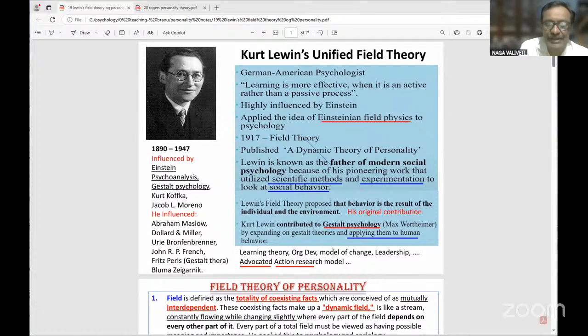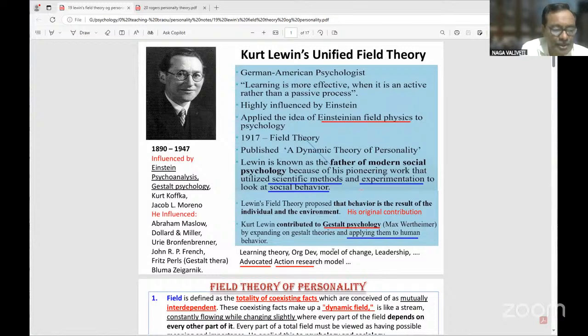His contribution influenced other psychologists, including Abraham Maslow, who is considered the father of humanistic psychology, and Neal Miller. Those we have already seen. The role he has given about habit formation and the drive theory, there he got influenced by Lewin.